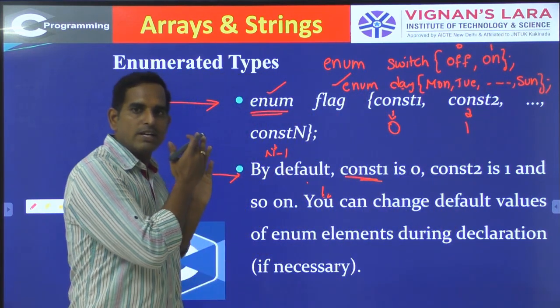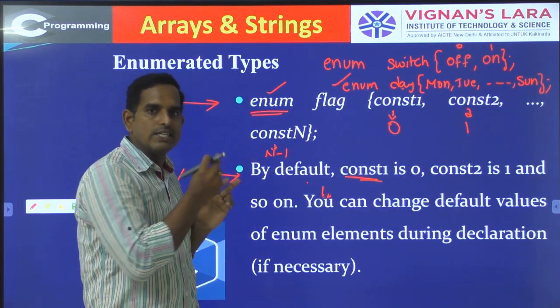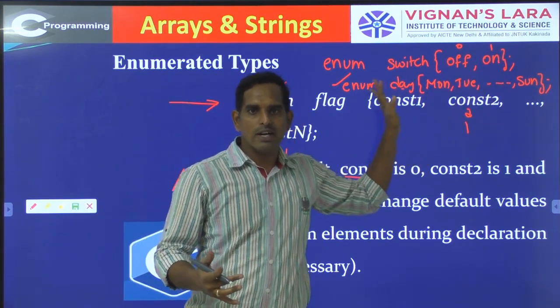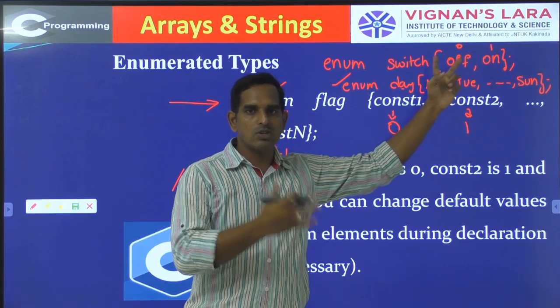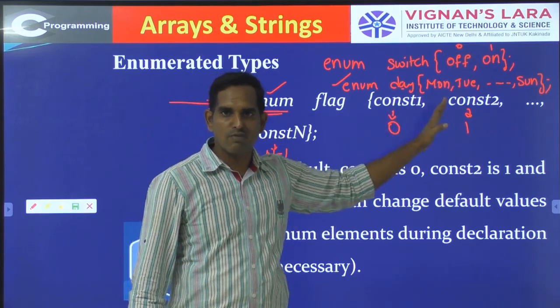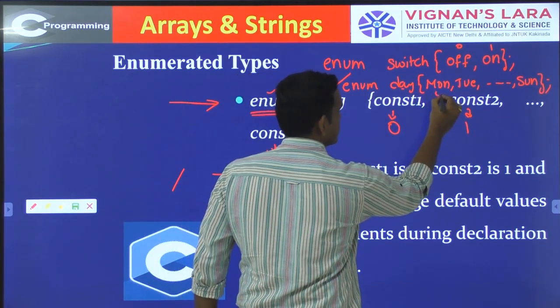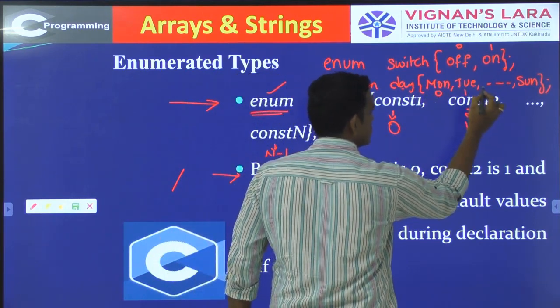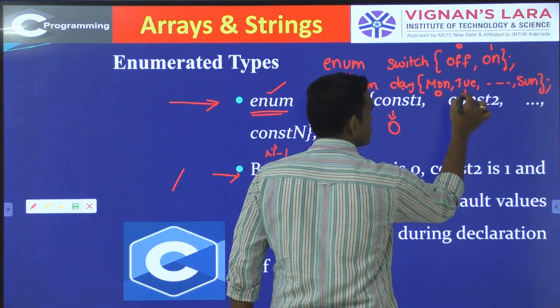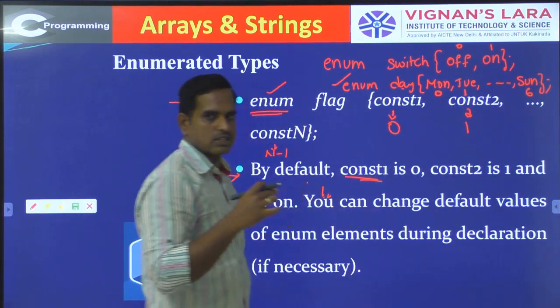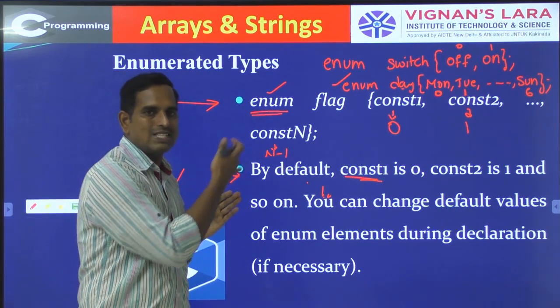Your enumeration constant values, that is the integer values assigned by default to the list of enumerations, will be from 0 up to the number of items in your list. In day, Monday will be given as 0, Tuesday will be given as 1, and Sunday will be given as 6, based upon the list you give.